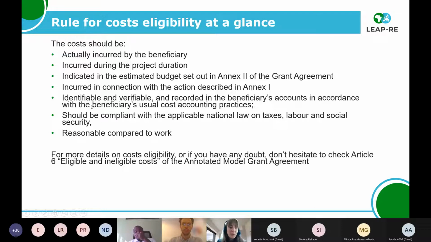The cost must be identifiable and verifiable and recorded in your accounts. The cost should be compliant with your national law on taxes, labor, and social security, and also the cost must be reasonable compared to the work. So the cost cannot be too high, especially compared to the work that you were supposed to do. So, like I said, if any of the conditions here is not met, then your cost is not eligible.